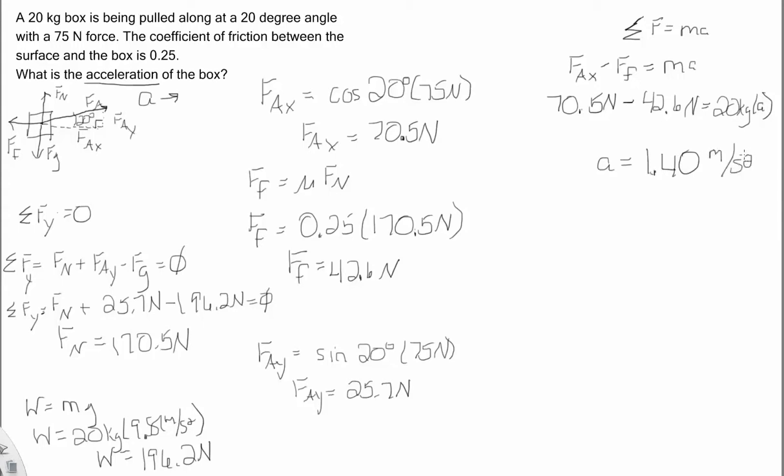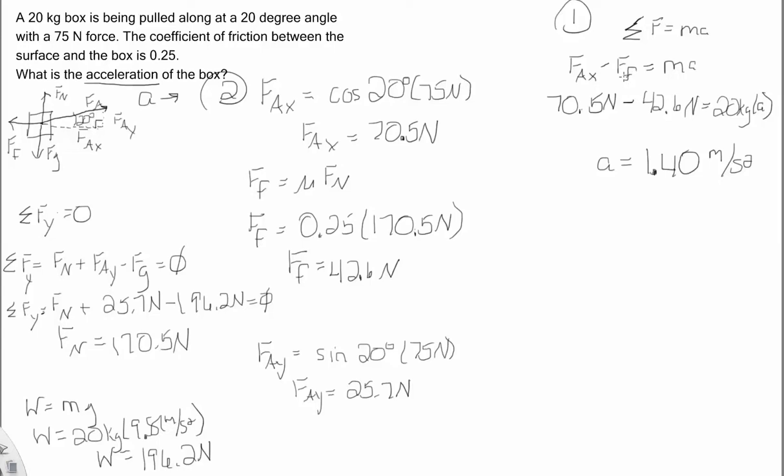I get 1.40 meters per second squared. Now I can do a quick recap. I always draw my free body diagram first. I'm solving for acceleration, so there's only one equation I know to solve for that, and I wrote it down so I know what I need to solve for. It is accelerating horizontally, so I can look at the horizontal forces. I had to solve for my FAX, which I did just by using trigonometry.